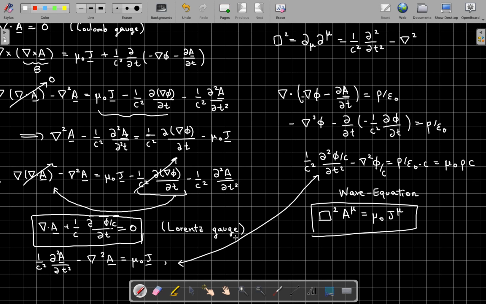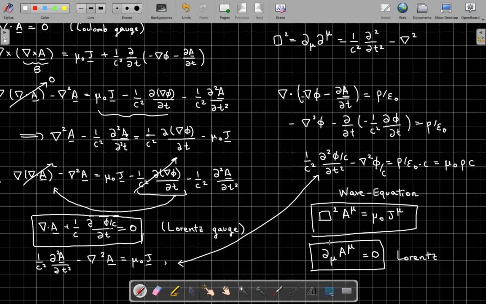And so this just gives me that the gradient contracted with the vector potential is equal to 0. Okay, so this is the Lorentz gauge written in manifestly covariant form. Okay, so there you go.